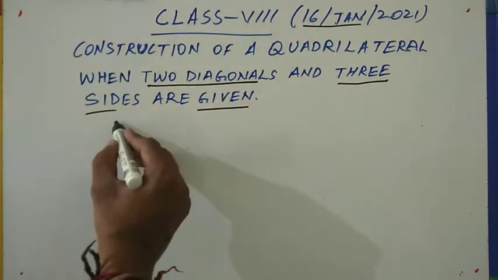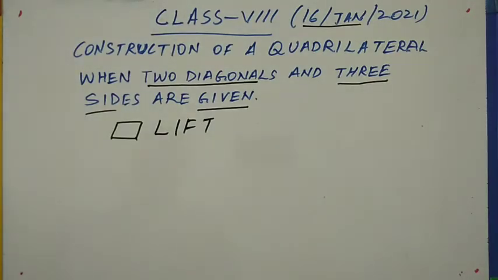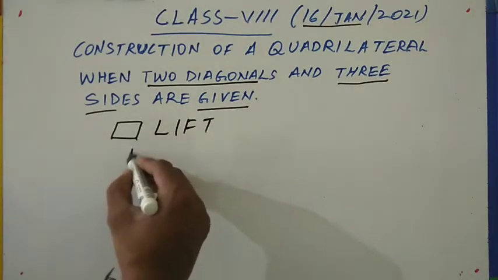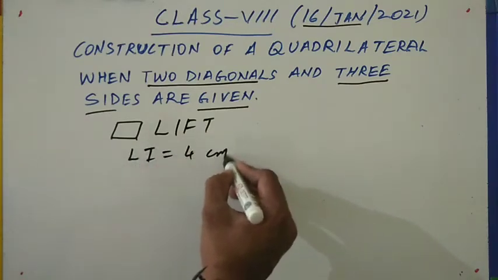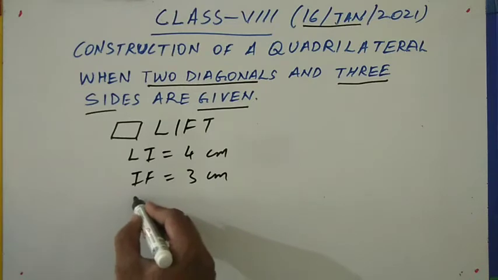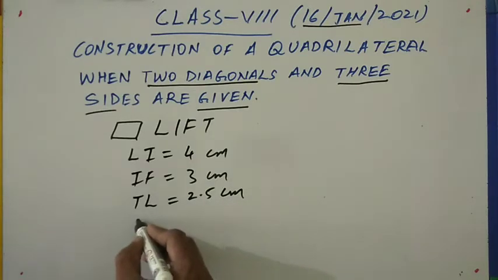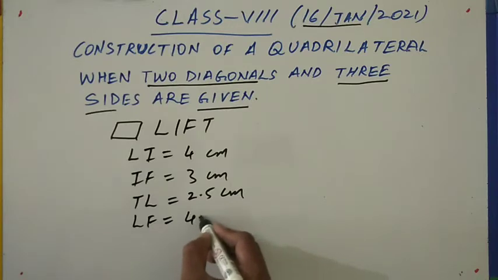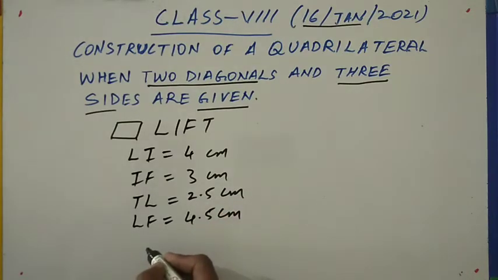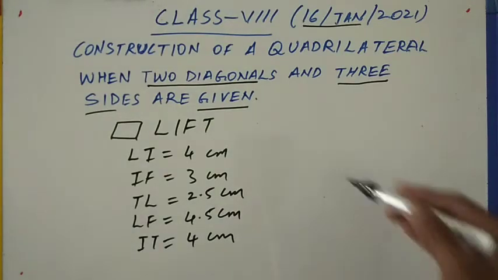Let us say we are going to construct a quadrilateral called LIFT with the measures of LI being 4 centimeter, IF of 3 centimeter, TL of 2.5 centimeter, LF of measure 4.5 centimeter, at last IT of 4 centimeter.